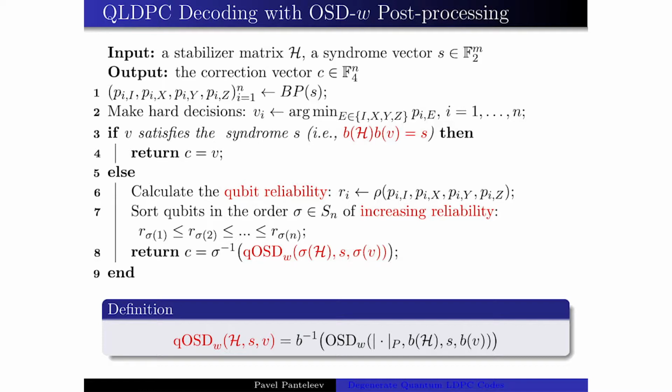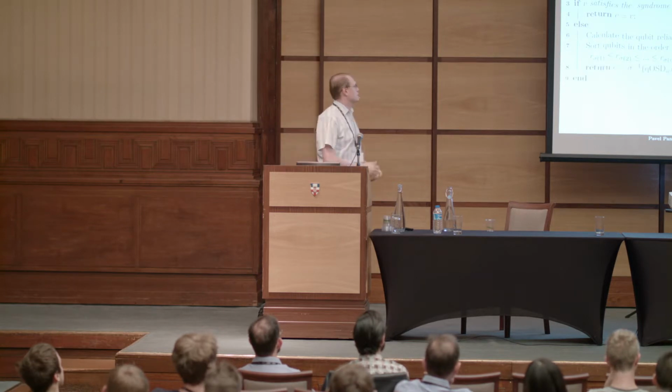If belief propagation fails, we calculate the qubit reliability, and we sort the columns of the parity check matrix in order of increasing reliability. I will say more about the reliability measure in a minute. Then we just return the result of the classical OSD decoder that is run on this binary representation of the matrix.